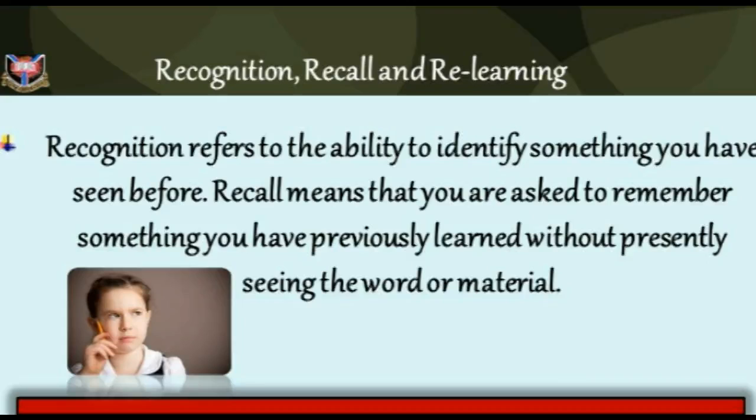Recall. Recall means that you are asked to remember something you have previously learned without presently seeing the word or material. In a recognition task, you see the word and simply have to remember that you have seen it before.